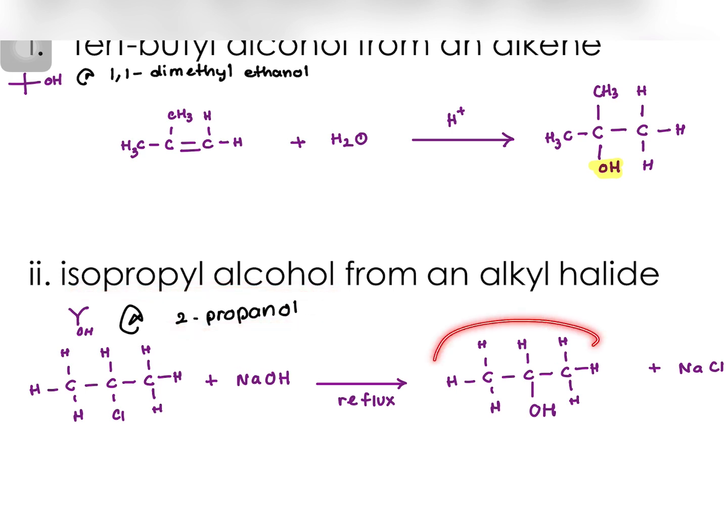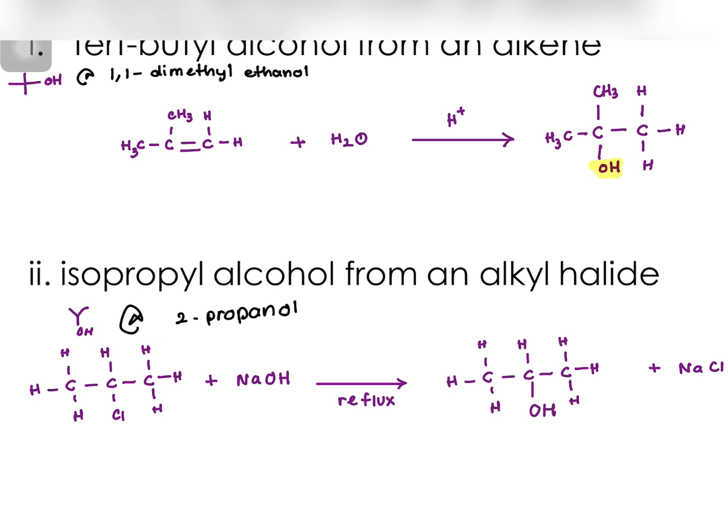So here is your 2-propanol. 1, 2, 3, OH dekat second carbon. And then whenever you write reaction, make sure kamu tulis dengan cara yang betul lah. Tambah dengan reagent, arrow dekat bahagian bawah is dia punya condition, reflux ataupun heat. Okay, so untuk haloalkane banyaknya melibatkan reflux.